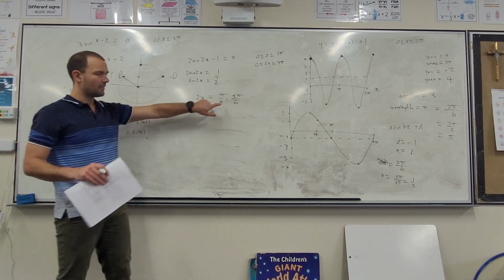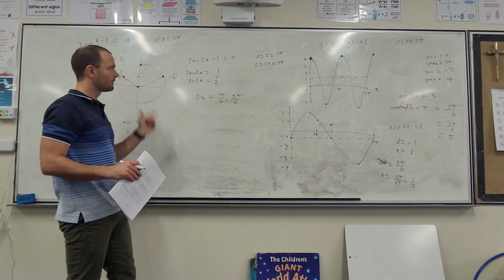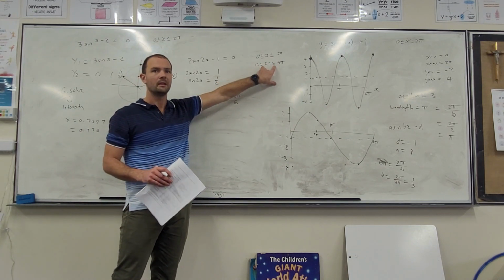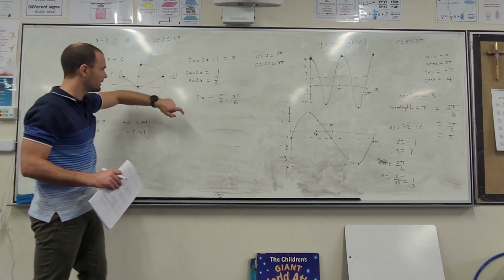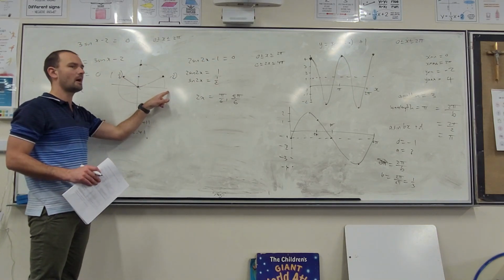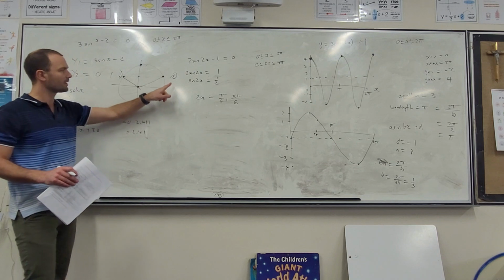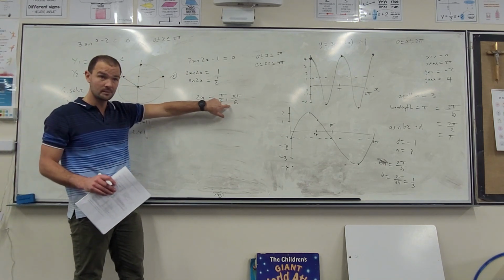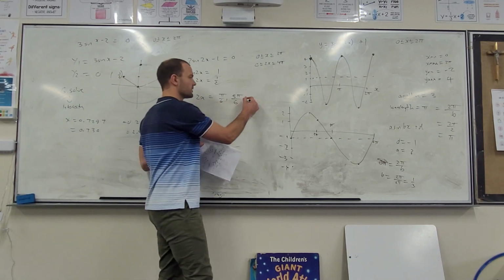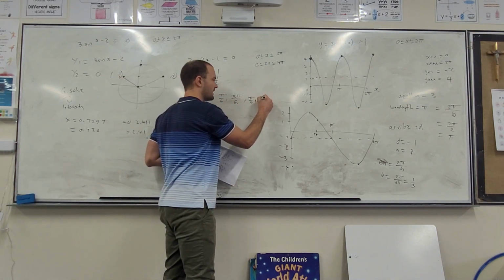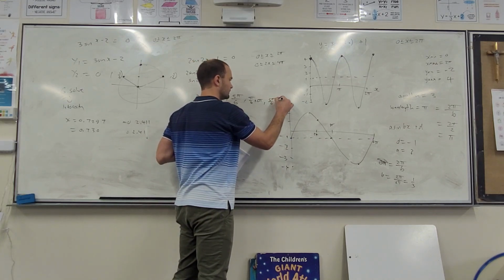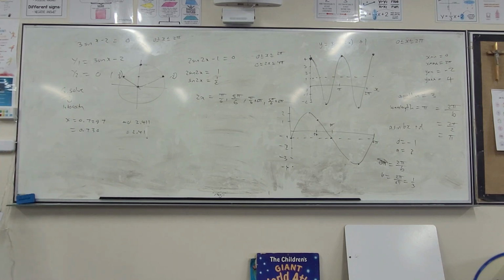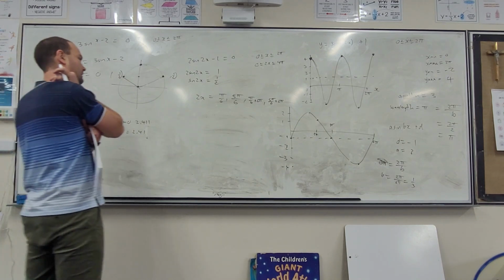Now, that's correct within one revolution, but let's look at what happened to our domain because of that number 2 out the front. It's doubled it. We need to consider not just one revolution from 0 to 2 pi, but another one. That means we're going past the same solutions again, so we just need to add 2 pi. 2 pi if we go past it once, 4 pi the third time.